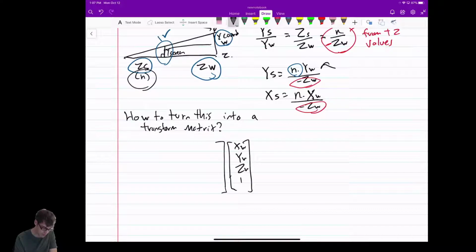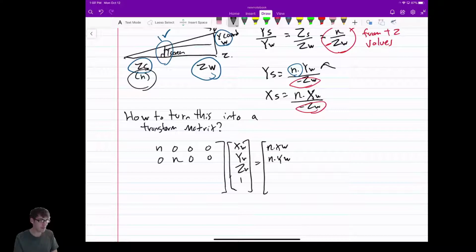So for x, it's n, 0, 0, 0. It's going to be n times xw. That's it. For y, we do the same thing: n times yw. Let's leave z for now. Okay, we'll figure that out later. And then for the w coordinate, we already do what we've learned.